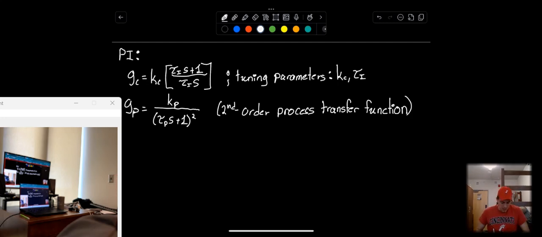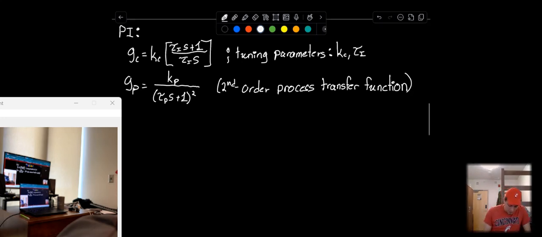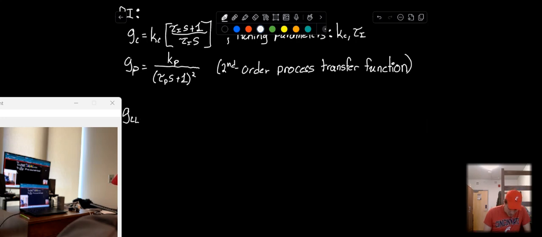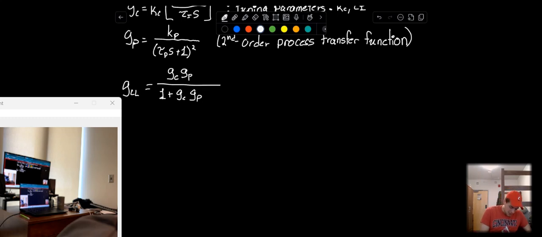Awesome. Now, for the closed loop gain, we know that that's going to be equal to what? And here comes all of the algebra that we've been waiting for. It's going to be GC GP over 1 plus GC GP. So we've already defined GC and GP. So let's go ahead and start to plug these in here.